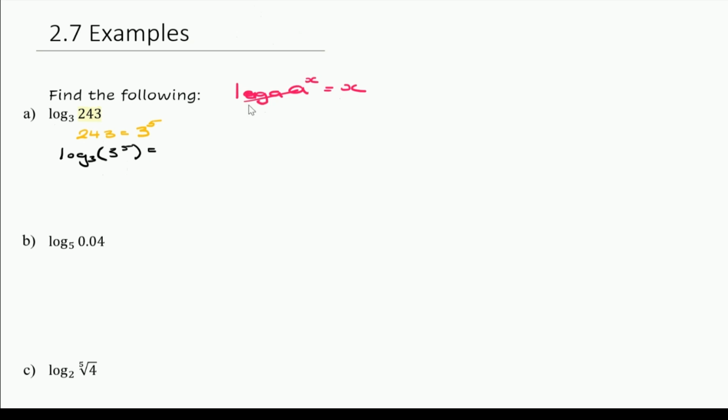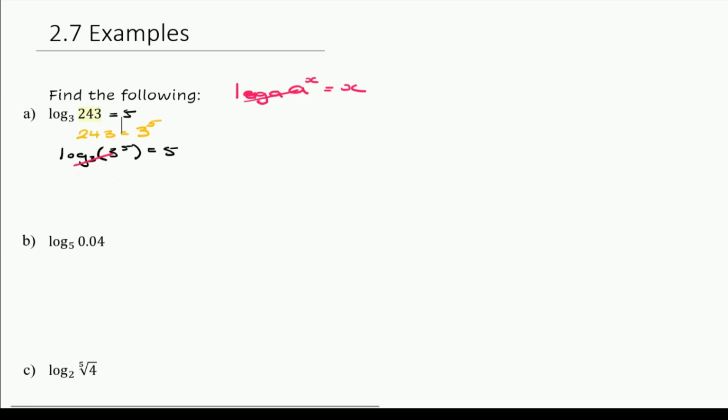So this cancels out: we've got log base 3 and 3 to the power of something, and this gives us an answer of 5. So this up here is equal to 5.